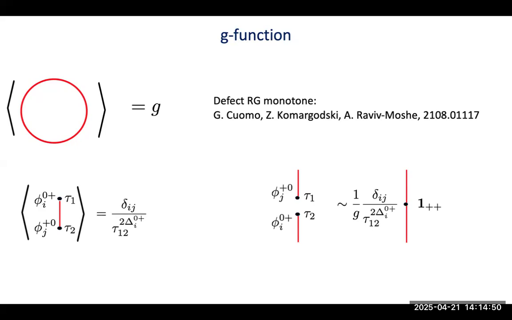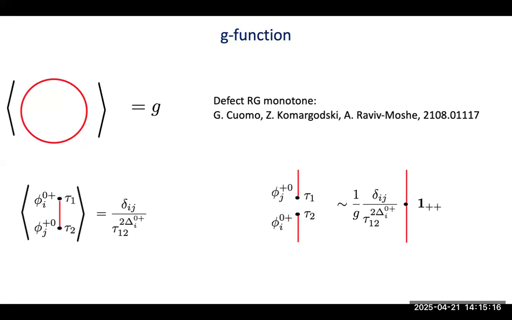Let's normalize our endpoint operators in a standard way to 1. Then let's consider fusion of endpoints in this channel here. If you bring them close together, you're going to get defect operators, and one of the defect operators is just the identity. With what coefficient does this identity appear?